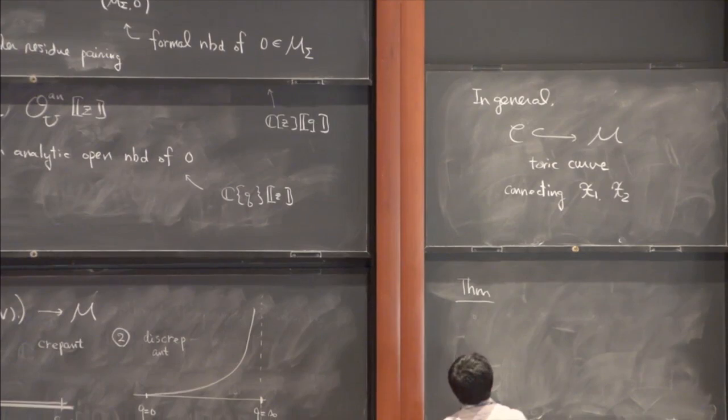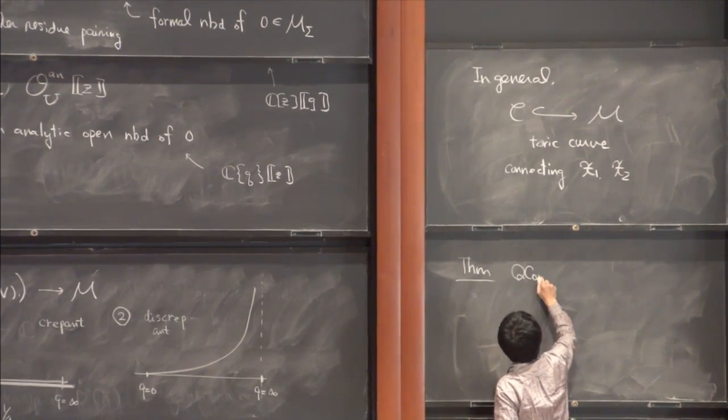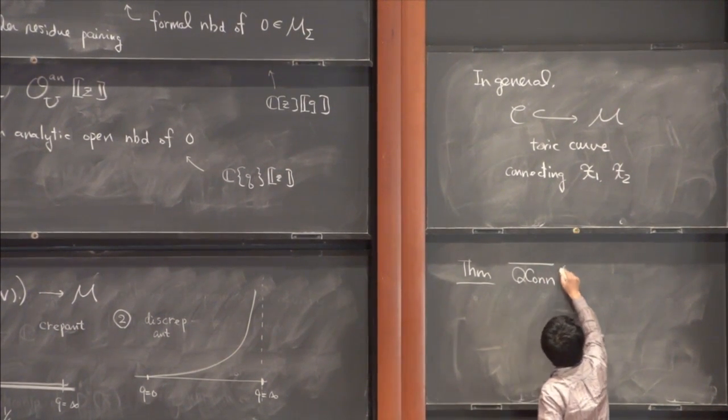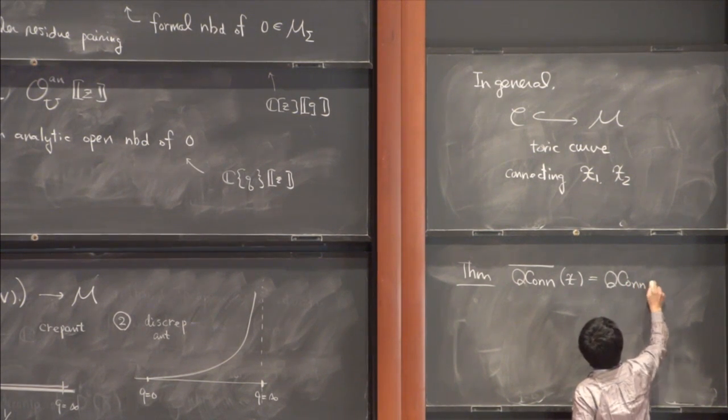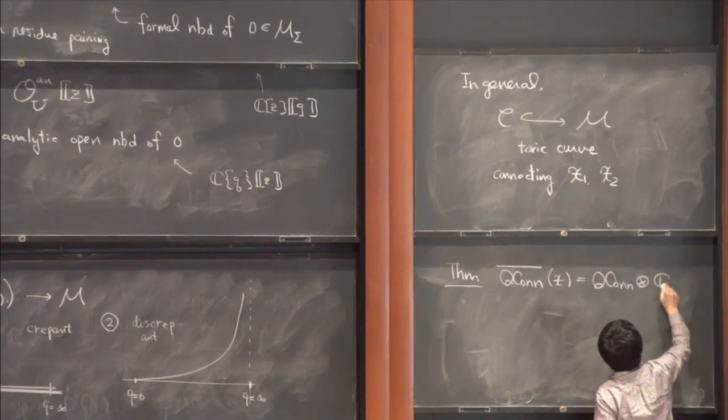In this case, let us write the quantum connection bar to be the completion in the Z variable.